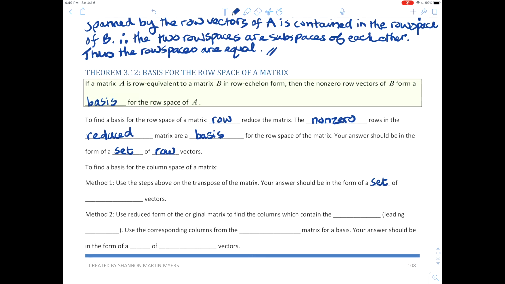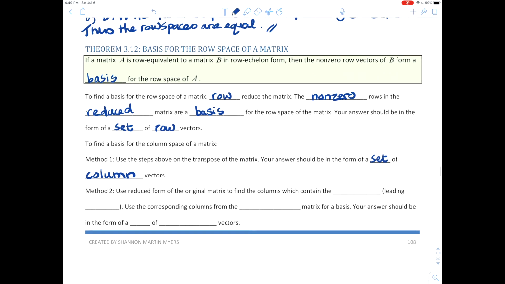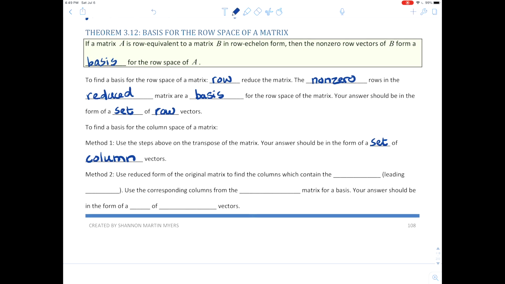And again, in this method, you need to use the column vectors from the reduced matrix. The other method is just to use the RREF of the original matrix A, and then you find the columns that contain the pivots.